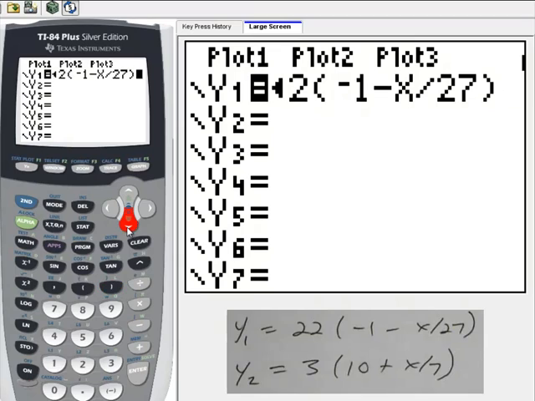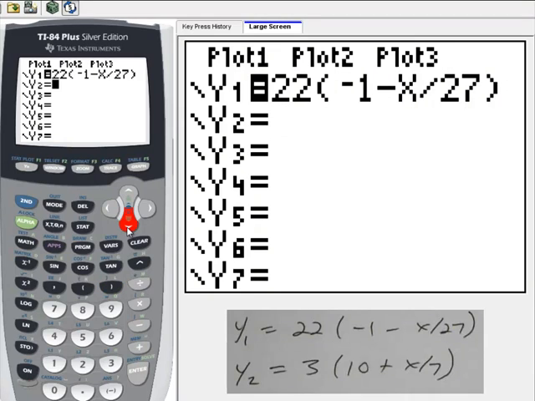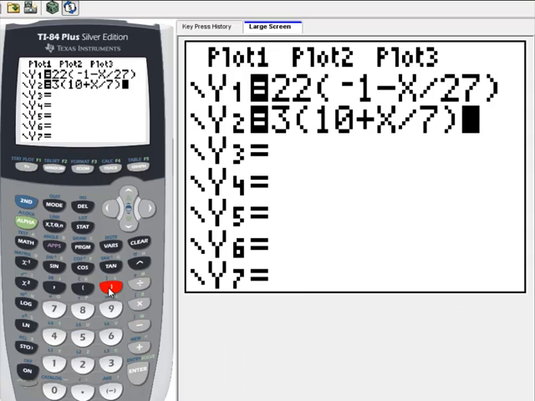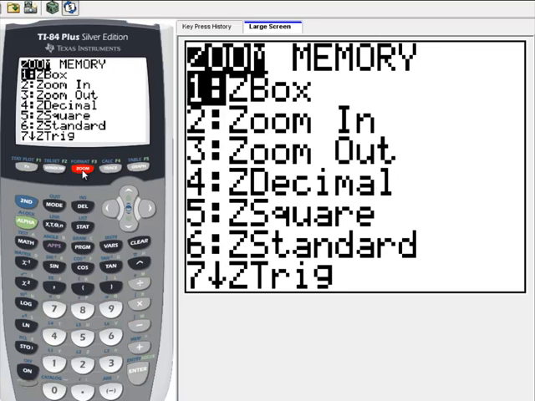Alright, let's go to y2, where we have 3 parenthesis 10 plus x divided by 7 parenthesis. As our initial coordinate system, let's use that standard one. That means zoom 6.